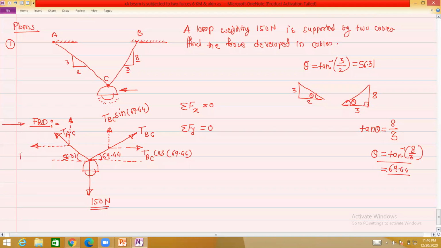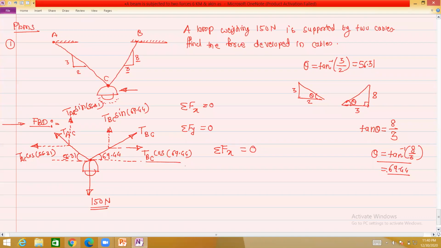So this is tension AC cos 56.31 and this is sine 56.31. Okay, so now write down summation Fx. The condition is summation Fx must be equal to 0. For the summation Fx, consider only the x components.